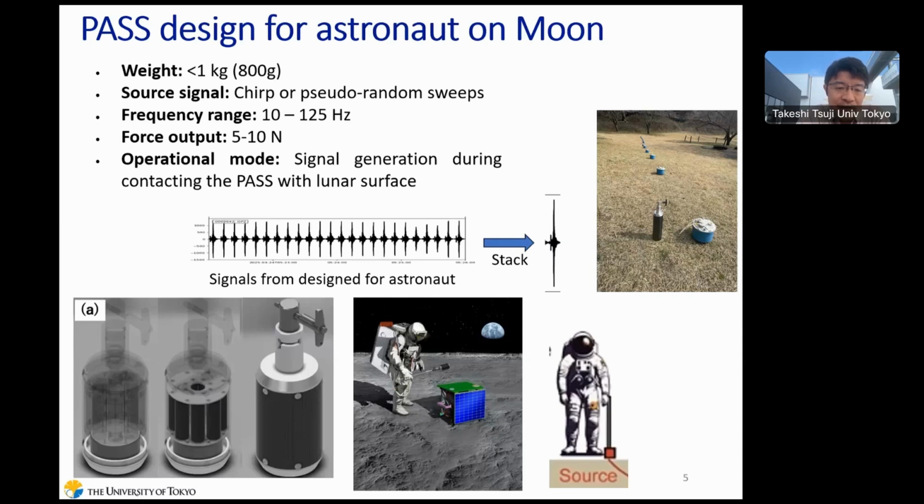With this tool, if the astronaut pushes our seismic tool to the surface, it generates the signal. So we optimized our seismic source for human deployment.